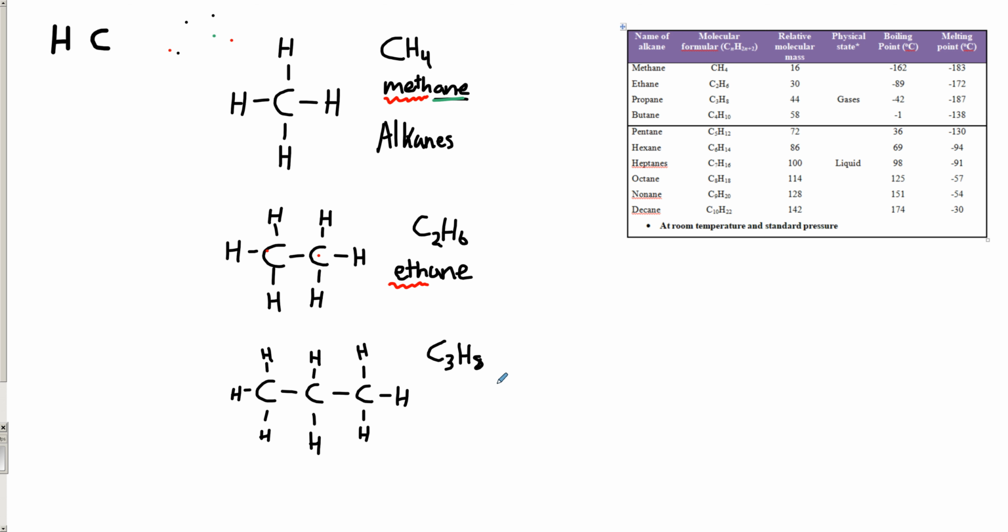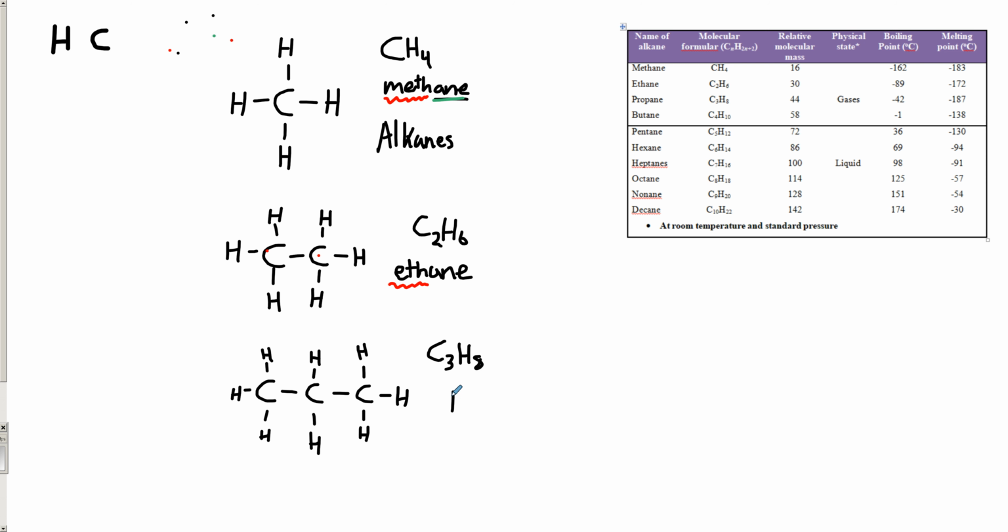And you might have noticed on the right-hand side, I've got the table that tells me information about all of the alkanes that go from having 1 carbon in the main chain, CH4, all the way up to 10 carbons in the main chain, that's C10H22, decane. But we're only on number 3 right now.